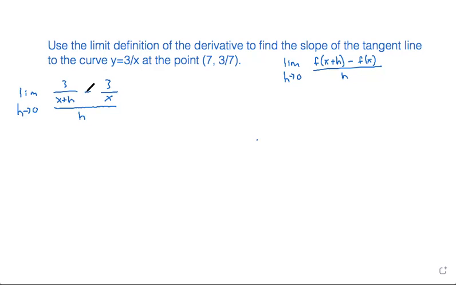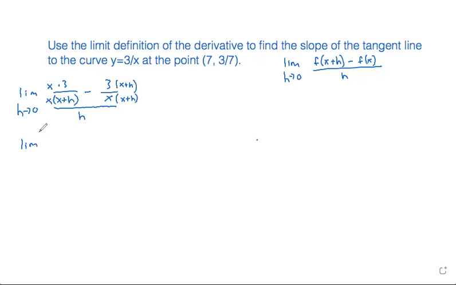To do that, let's start by adding our fractions on the top. In order to add fractions, we need a common denominator. So let's multiply this fraction by x on top and bottom, and let's multiply this fraction by x plus h on top and bottom so we can get a common denominator.